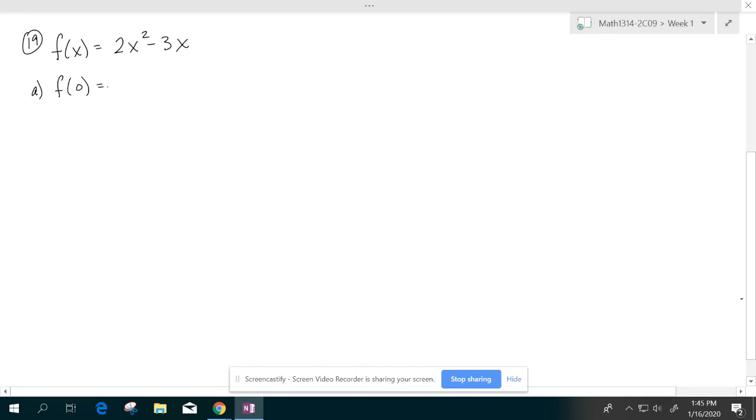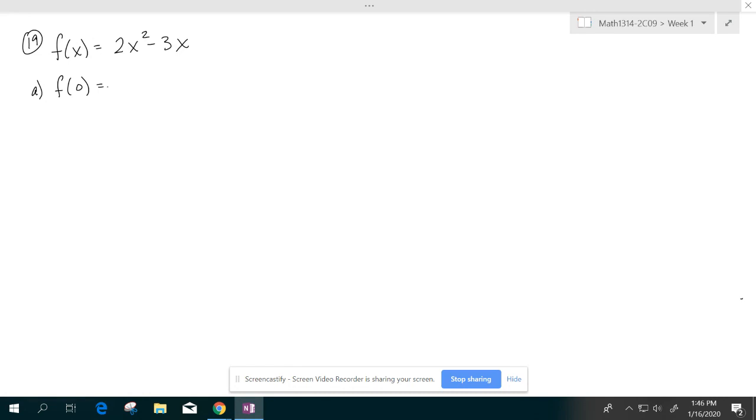And here the instructions would say, evaluate the function. Do y'all see this right here? f of x, this is function notation. Have y'all seen that before? It doesn't mean f times x. It means f of x, basically a function in terms of x.